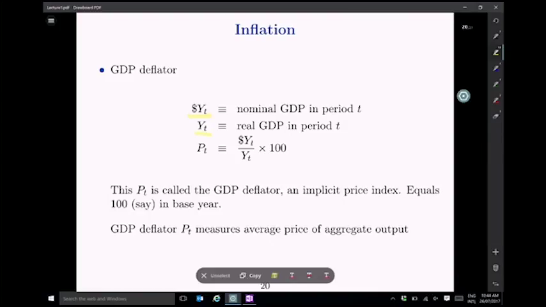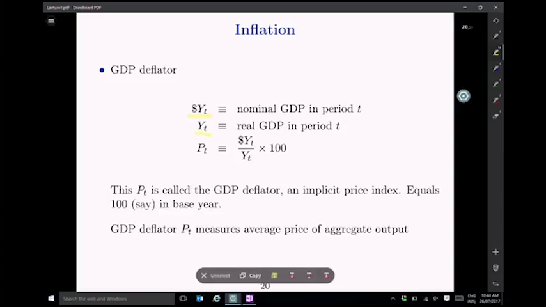Do you know what the GDP deflator is in the base year? So 100, right? It's an index, so we scale it up by 100. By definition, the GDP deflator in the base year is 100.